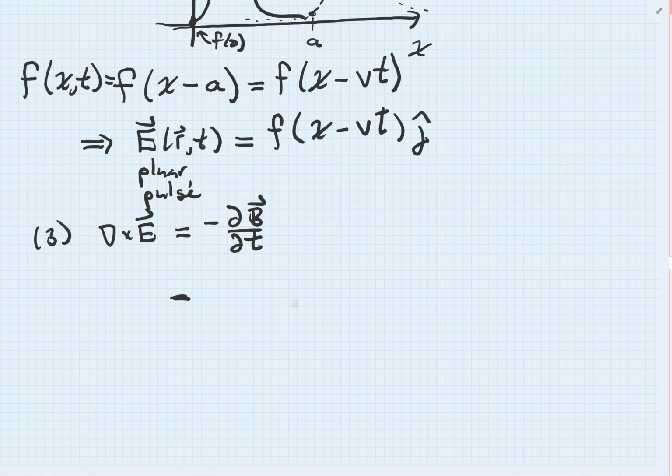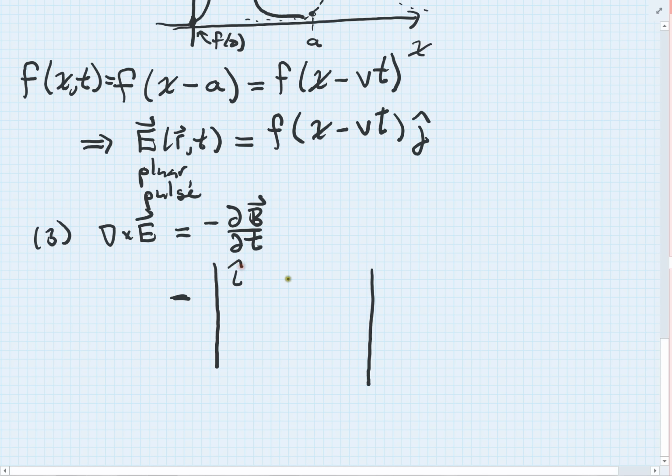Now curls, as you know, we calculate very similarly to how we calculate cross products. We form our determinant. Along the top row, we put i hat, j hat, and k hat. Along the second row, we put our gradient operator, or d by dx, d by dy, and d by dz.